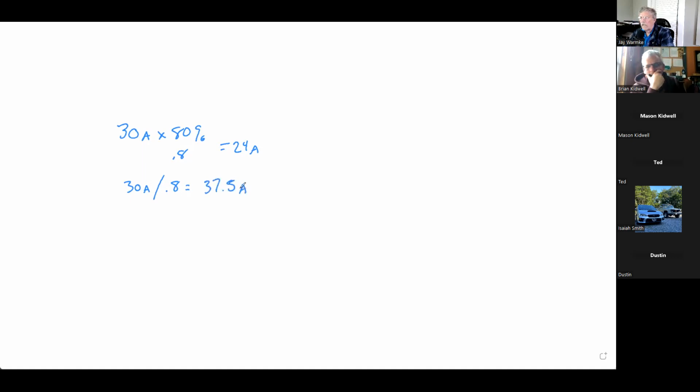And now I need to look up on the table. And which page is that table? Is it like 106? Yeah. And so if I look at 37.5, my guess is it's going to be more like 8 gauge wire. We run into this same issue, or 104.